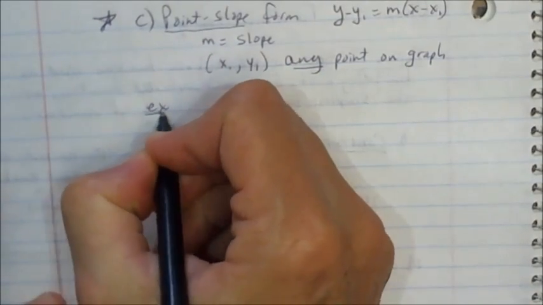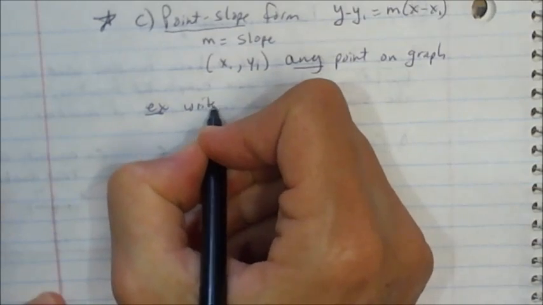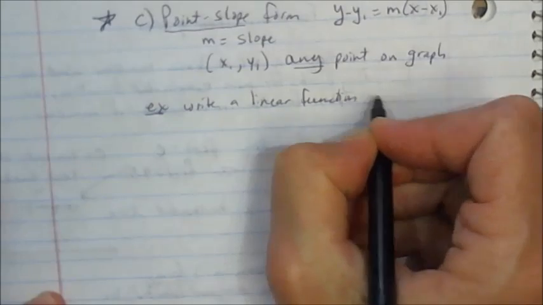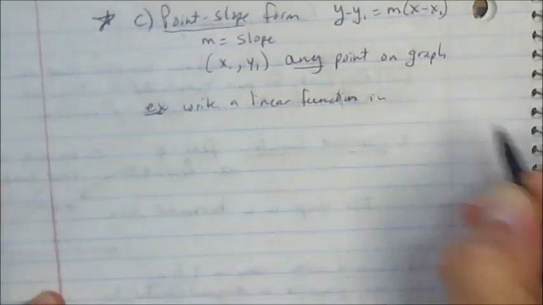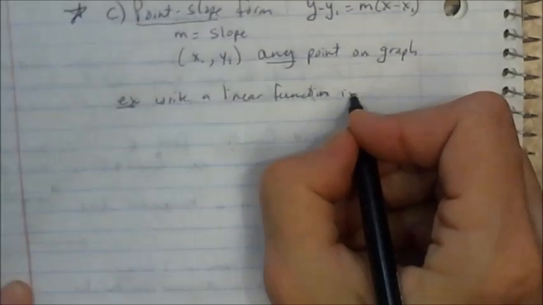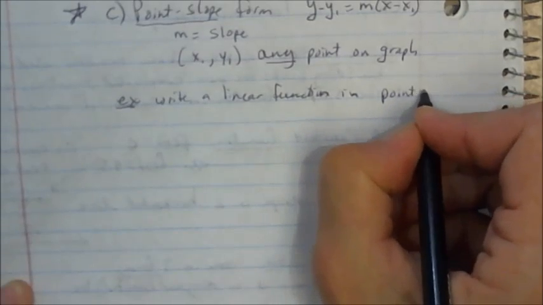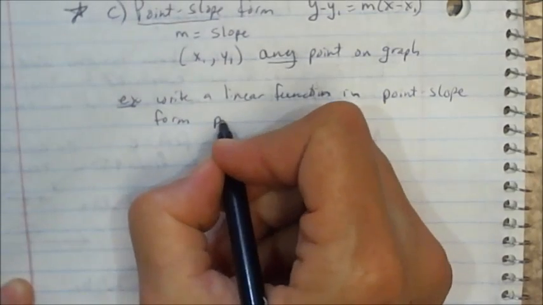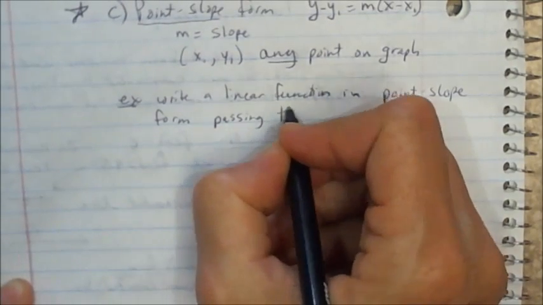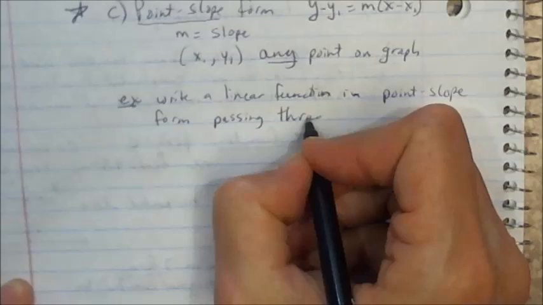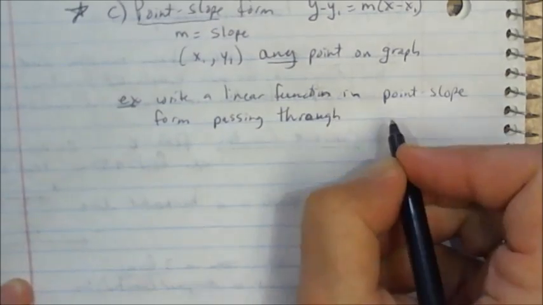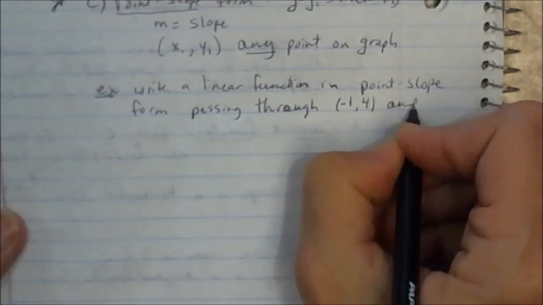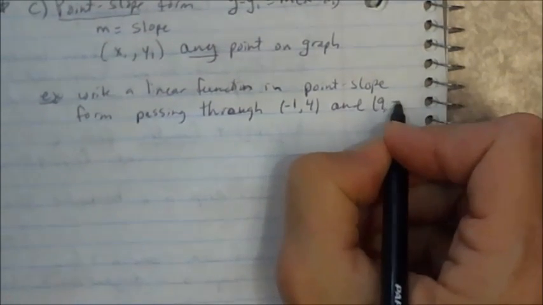So what we're going to do is write a linear function in point-slope form as our example. Let's write a linear function in point-slope form passing through these points, -1, 4, and 9, 5.